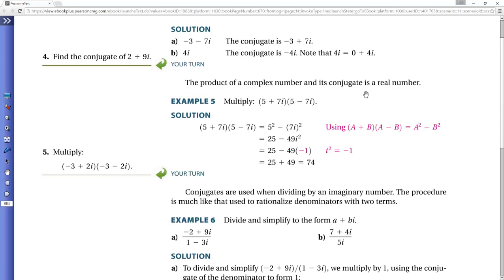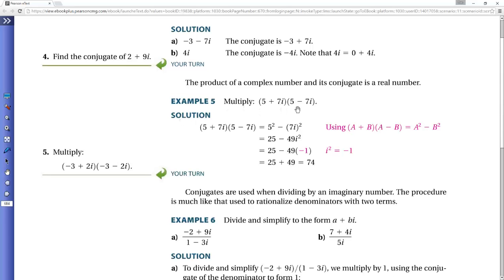A complex number times its conjugate is a real number, and that's what this really means. So how do I multiply two complex numbers together to get a real number? If we want the denominator of a fraction to be a real number, we're going to use conjugates to take care of that. And here's where they bring up this difference of squares idea.